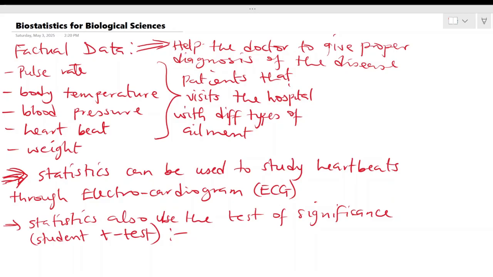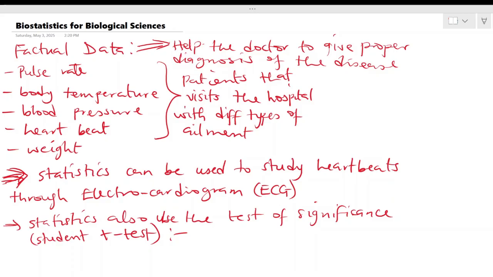Okay, then we also have the t-test for two samples, and that could be used for testing the efficiency of new drugs or medicines, and to compare the efficiency of two new drugs or two medicines.